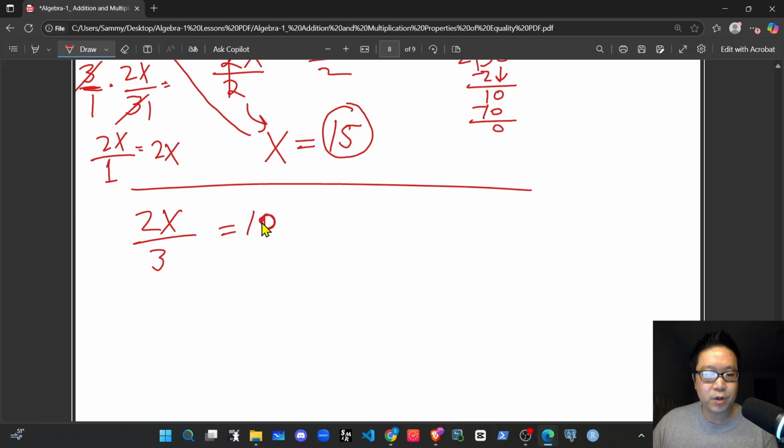But in your textbooks, homework and class, this might be presented as 2 over 3 times x equals 10. What you need to realize is that these two expressions, 2x over 3 and 2/3 times x, are exactly the same. These are just two different ways of writing the exact same expression.